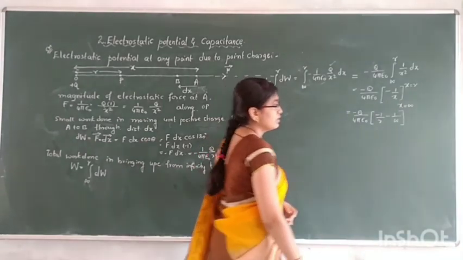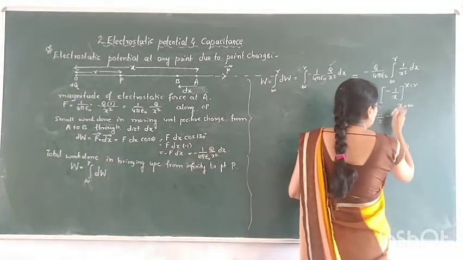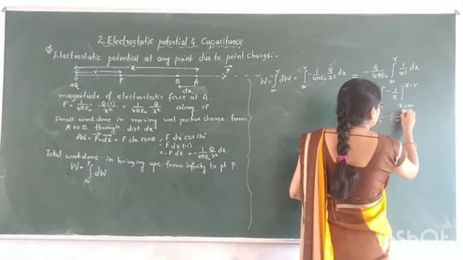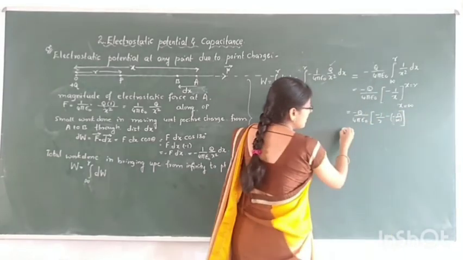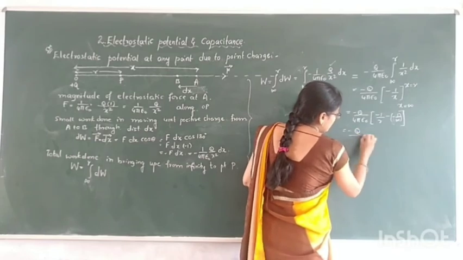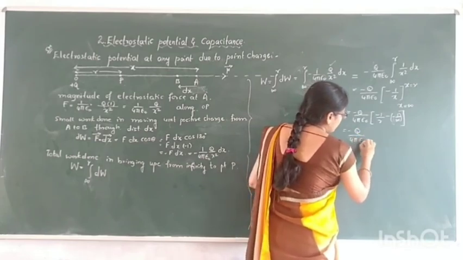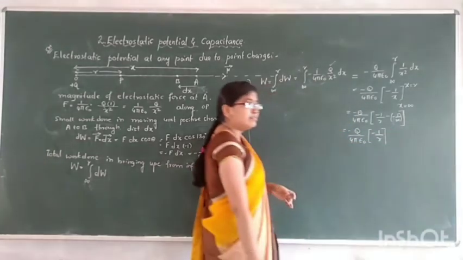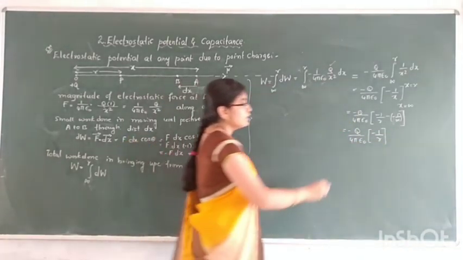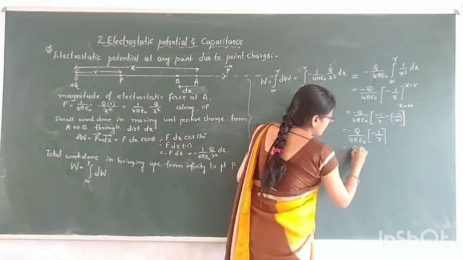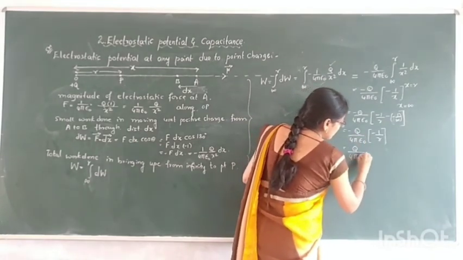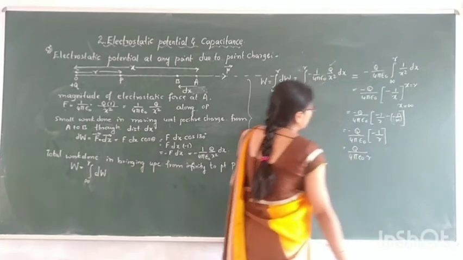Correct? So minus of minus becomes plus. Which is equal to minus q divided by 4 pi epsilon naught into minus 1 by r. As you know, 1 by infinity is 0. So which is equal to q by 4 pi epsilon naught r.